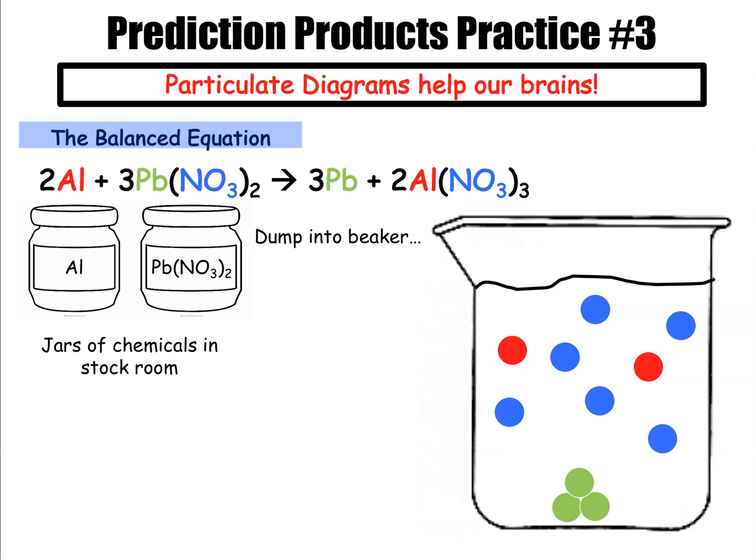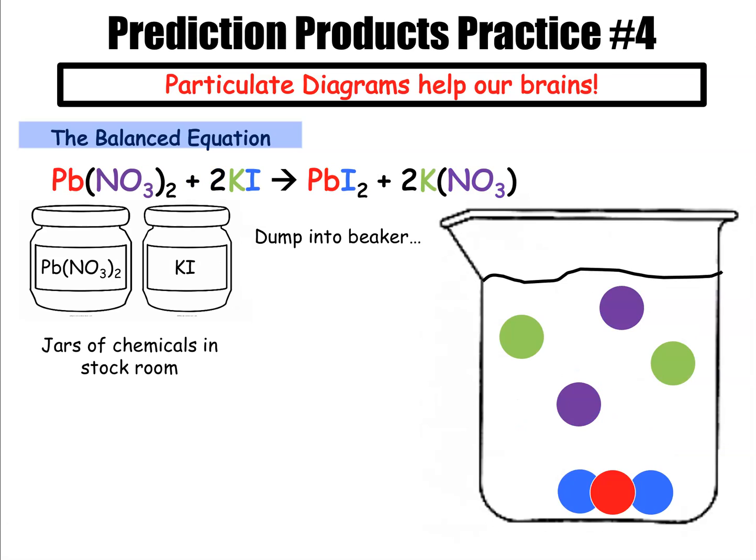So, if we dump it into a beaker, this particulate diagram is actually going to show us the products. 3 leads, you see 3 lead dots. 2 aluminum, 2 red dots. 2 times 3, or 6 nitrates that are blue, notice there are 6 dots. Aluminum nitrate is aqueous, so it should be floating around in the liquid, whereas the solid sits at the bottom. Questions on this diagram? Okay.